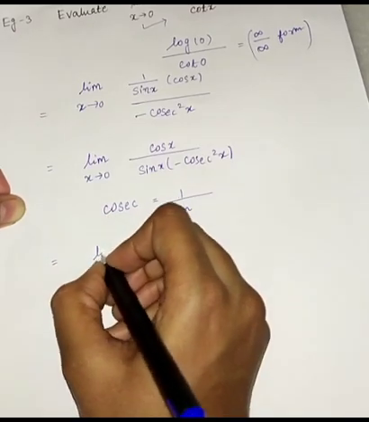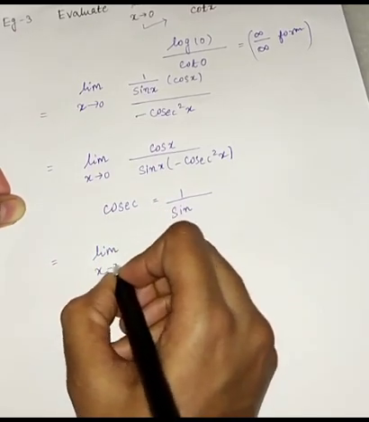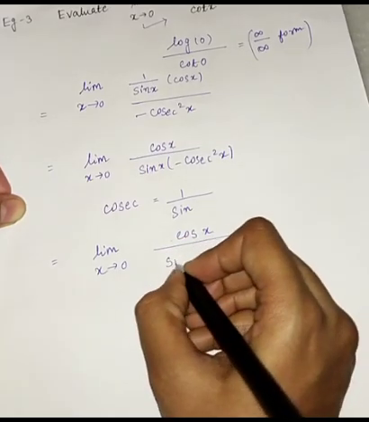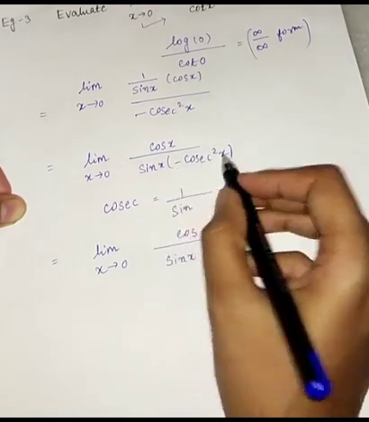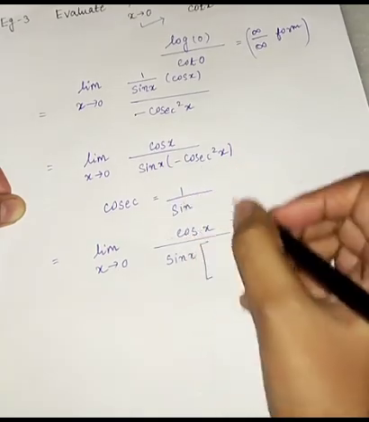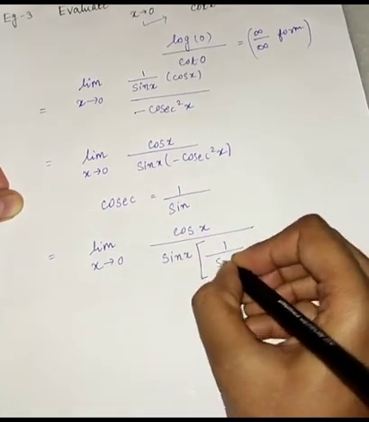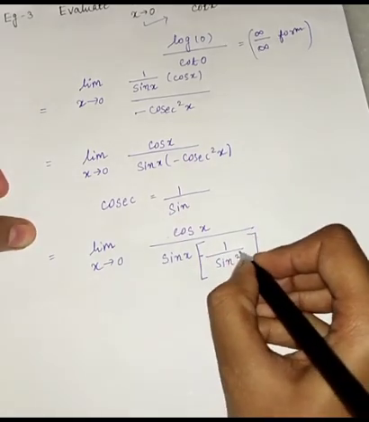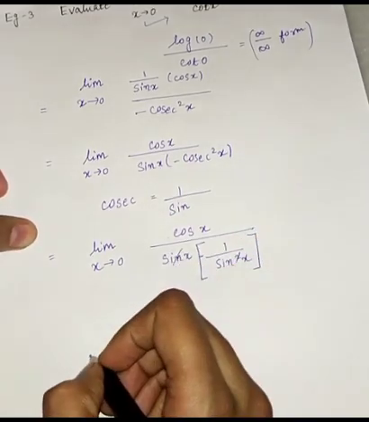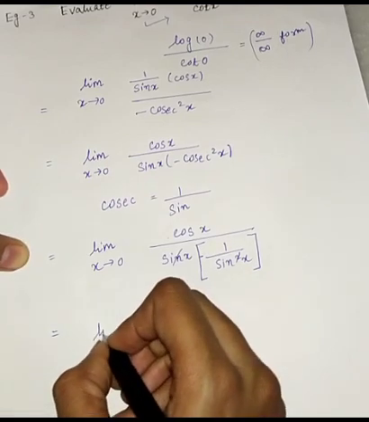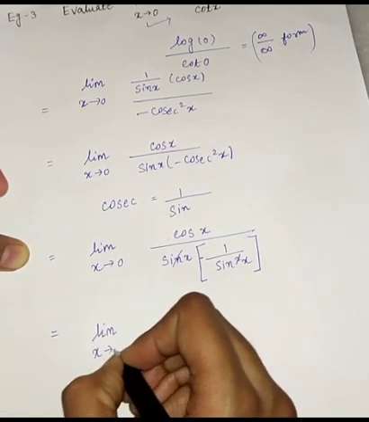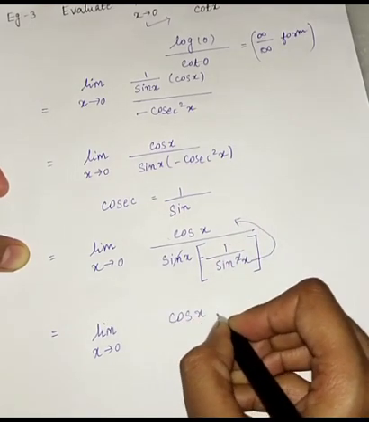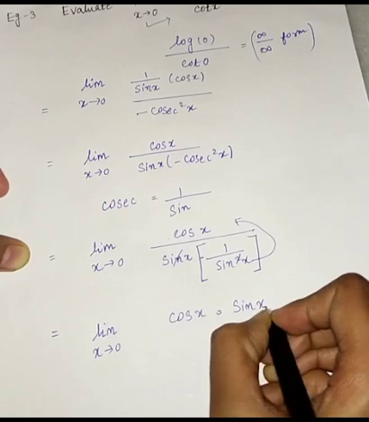So we can write limit x tends to 0 of cos x upon sin x, and in place of cosec square x we can write 1 upon sin square x, and this sin x gets cancelled, so we can rewrite it as, this sin x will go up, so we get cos x into sin x.